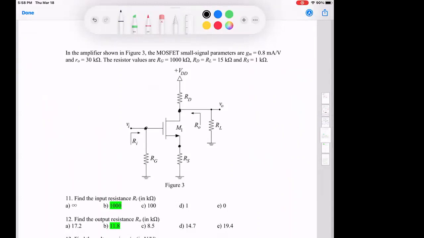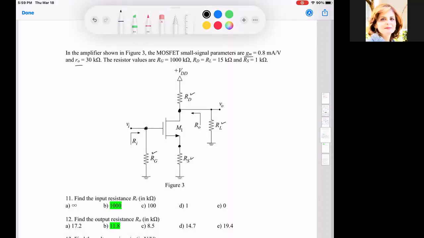For this circuit, he gave me GM, RO, RG, and RD, and I know that RD is equal to RL, they are equal to each other, and he gave me RS is 1K. So I have all of these, plus GM and RO. This is a straightforward application of the equations of the sheets that we studied before.